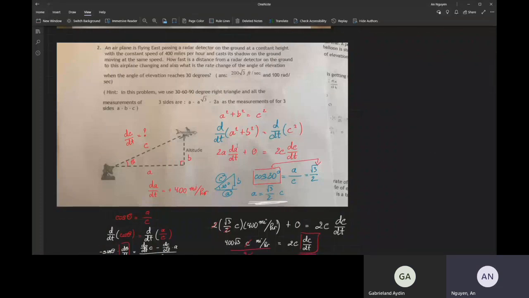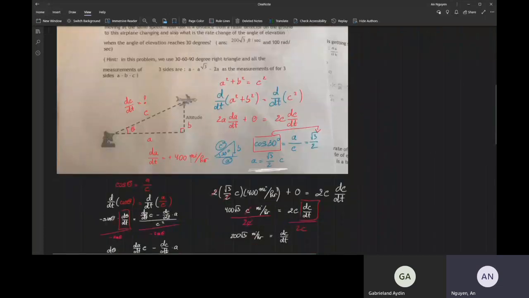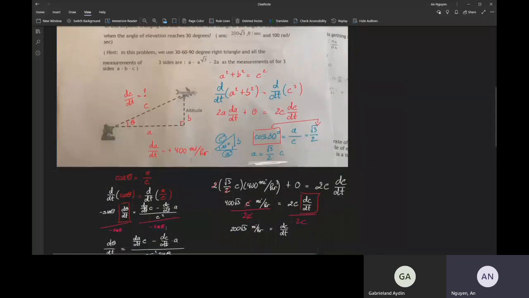Cosine of theta is equal to A over C. So when we take the derivative, it's negative sine d theta. The derivative of C squared.